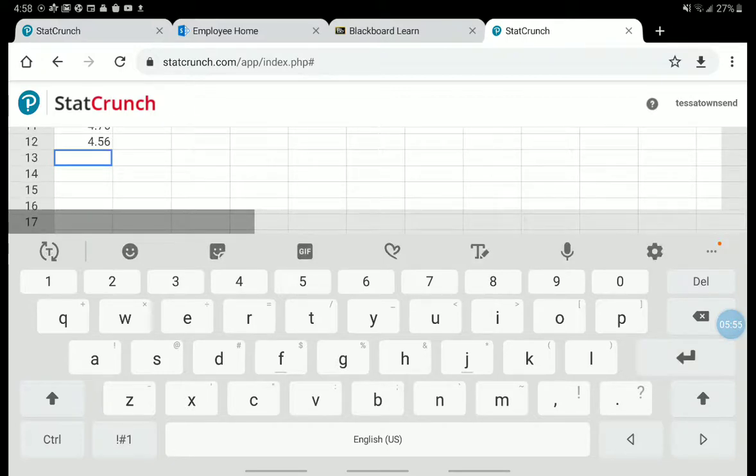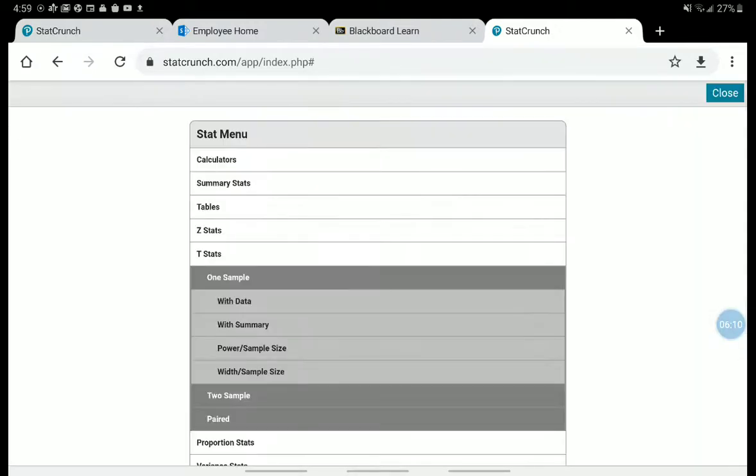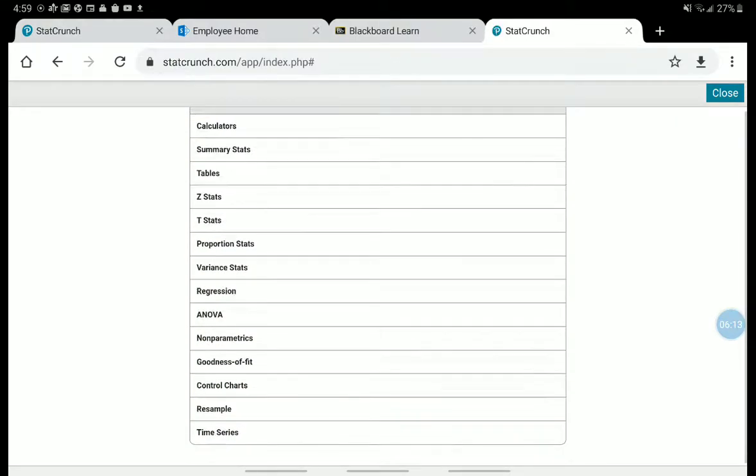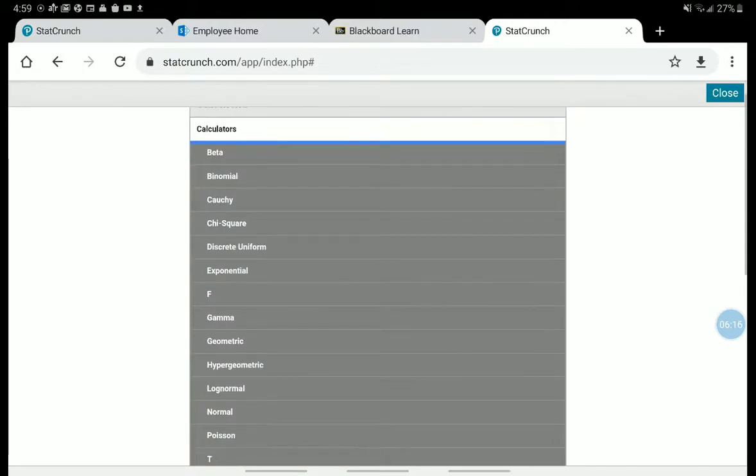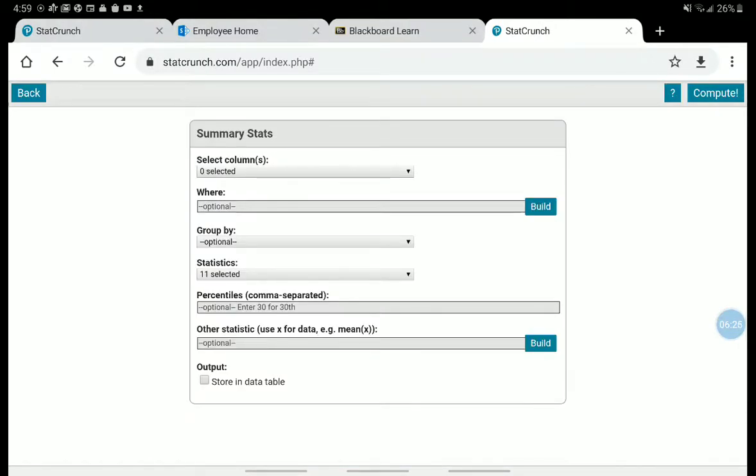So now that we have everything typed in, remember to do this in StatCrunch.